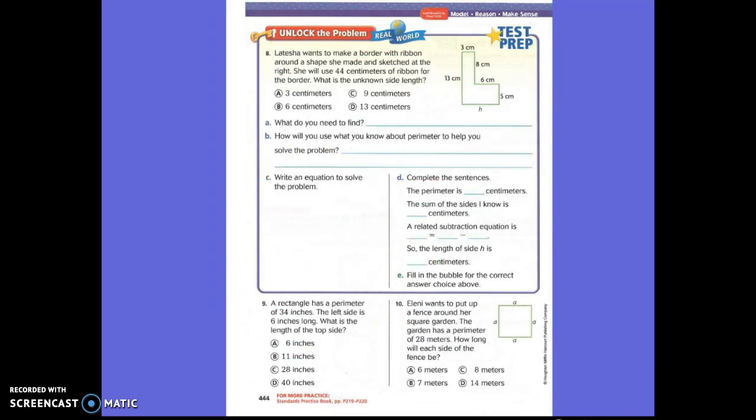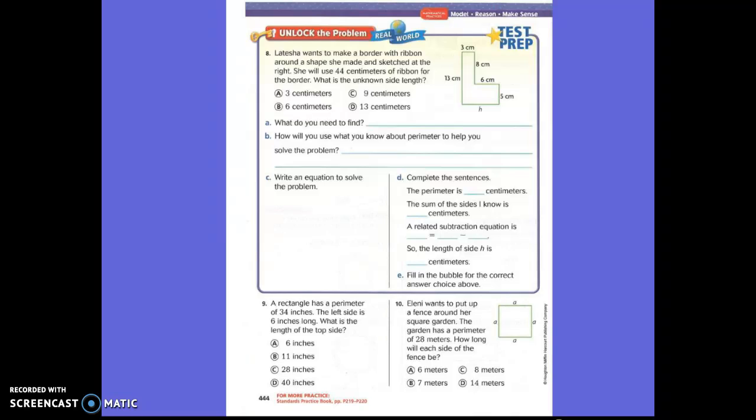Okay, starting on the back page. Read the story problem. Letitia wants to make a border with ribbon around a shape. She made and sketched this at the right. Does that make sense?